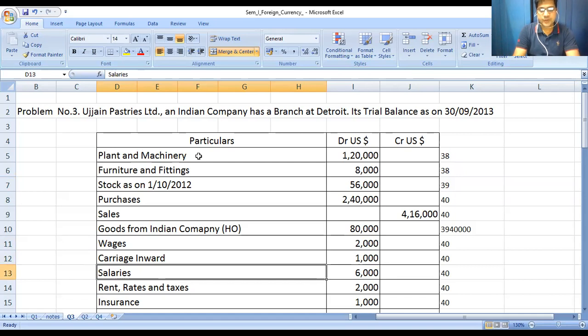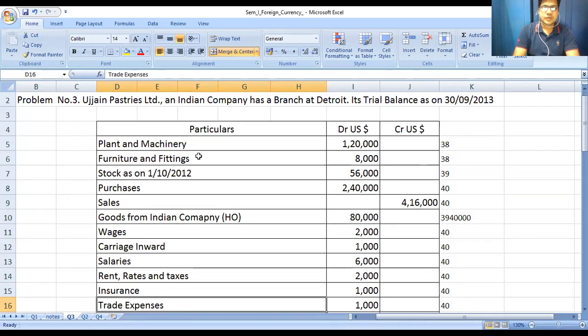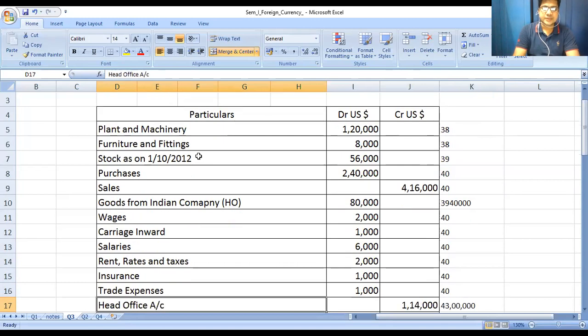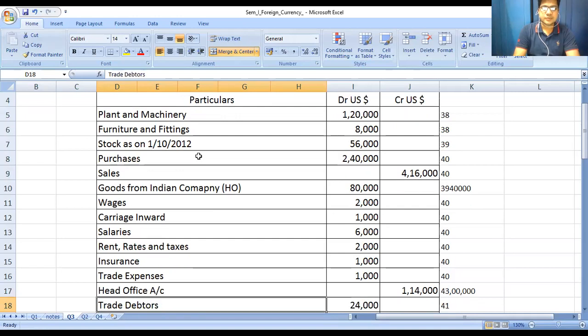Salaries: profit and loss account debit side. Rent, rates and taxes: profit and loss account debit side. Insurance: profit and loss account debit side. Trade expenses: profit and loss account debit side. Head office account: balance sheet liability side. Trade debtors: balance sheet asset side.